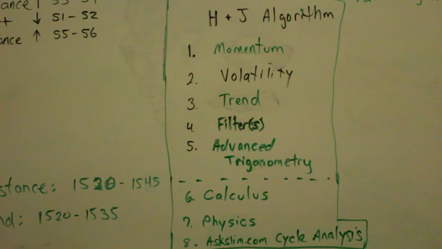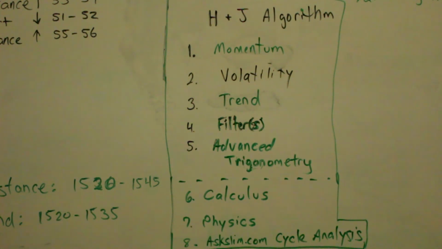And number 5, we're actually using advanced trigonometry in this algorithm. Now, that isn't necessarily new, but I know not a lot of people are using trigonometry specifically in their trading. Now they may draw some lines on a bar chart, but I'm not talking about that.